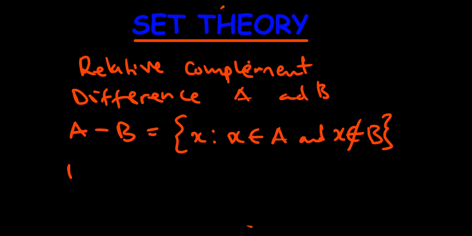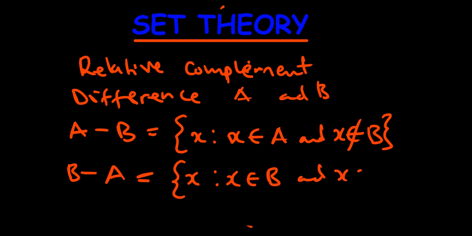Or even the opposite, you can have it like this, where you say the set of x such that x is a member of B and x is not a member of A. This same relative complement at times is written in the form A intersect B complement, like that.